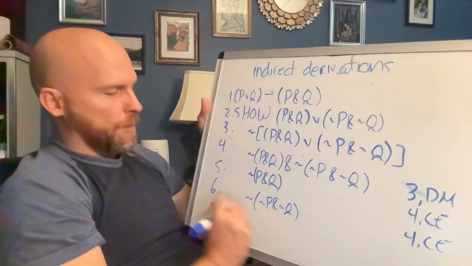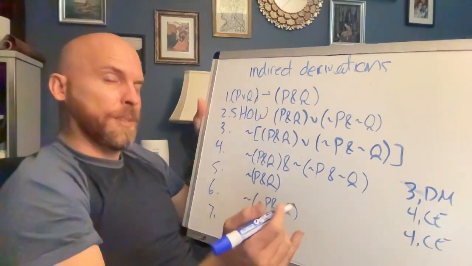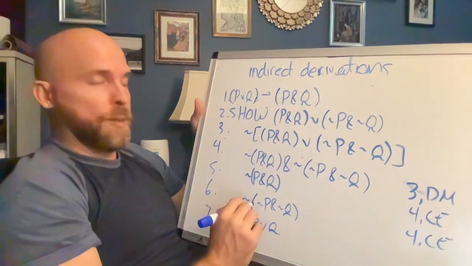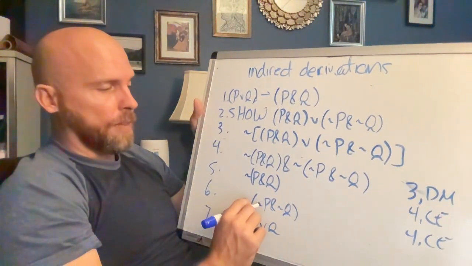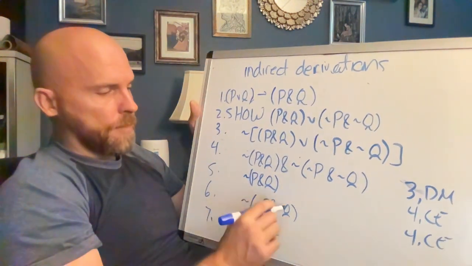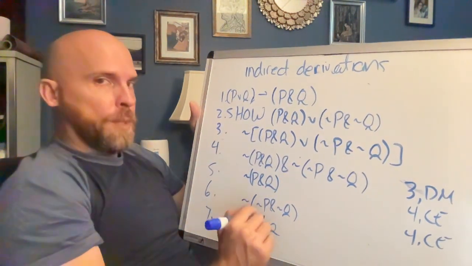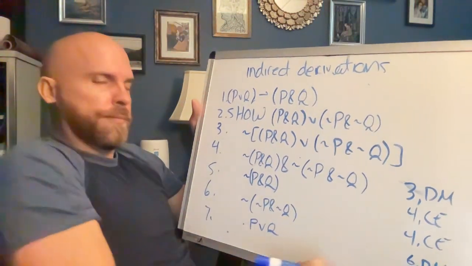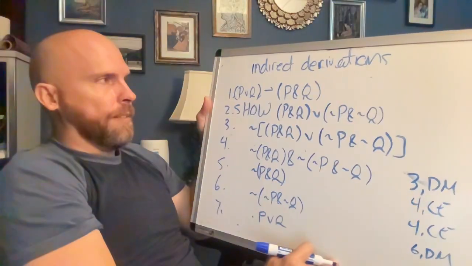Now I know how to move this negation through, and I'm just going to skip some steps because I know this is P or Q. So I move the negations through. I'll get not P or not Q. I'll just do a little double negation elimination step, and ultimately I'm going to get P or Q. I'm just going to cite that as 6 De Morgan's. Now what do I have?